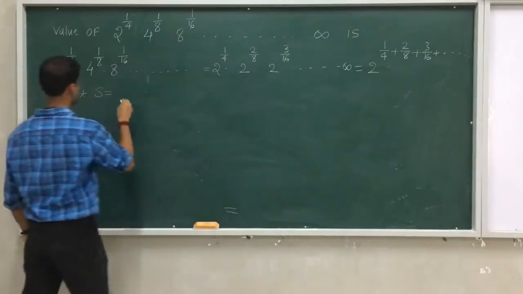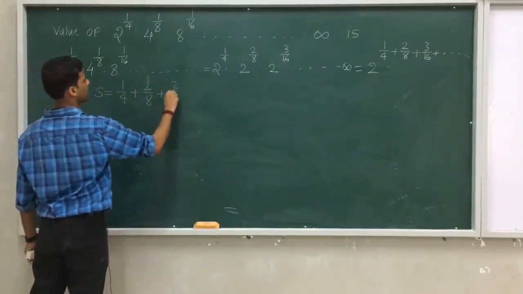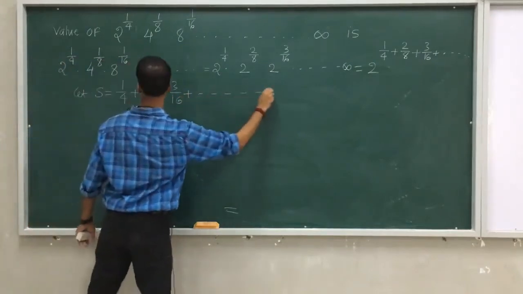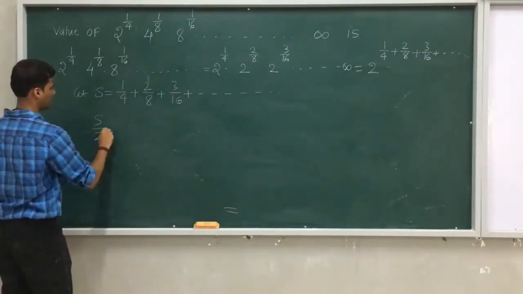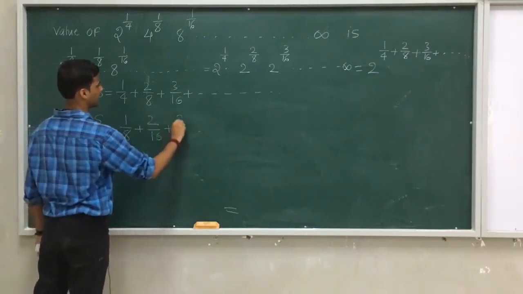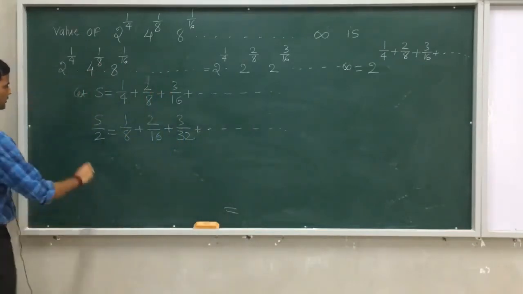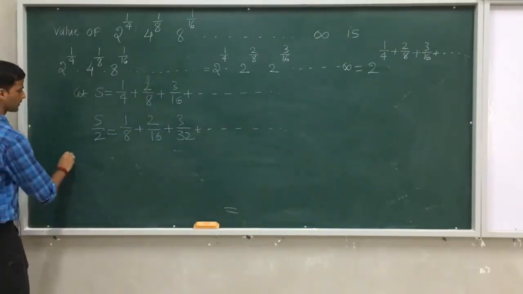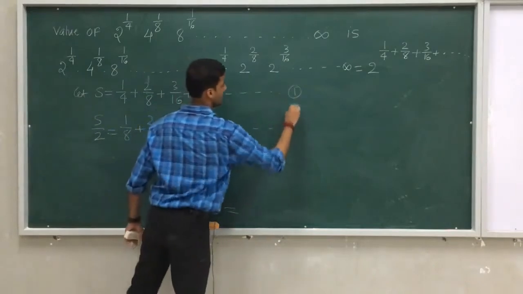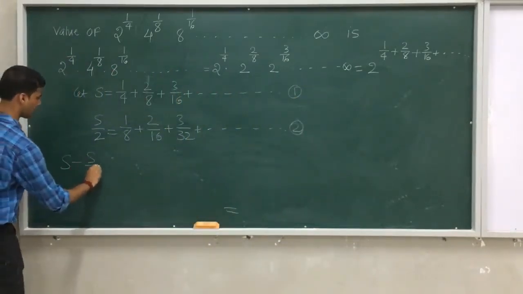Let s equal 1/4, 2/8, 3/16, so on. If you divide by 2, you will get 1/8, 2/16, 3/32, so on. Now I will do 1 minus 2. You take this as 1, this as 2. When you do 1 minus 2, you will get s minus s by 2.